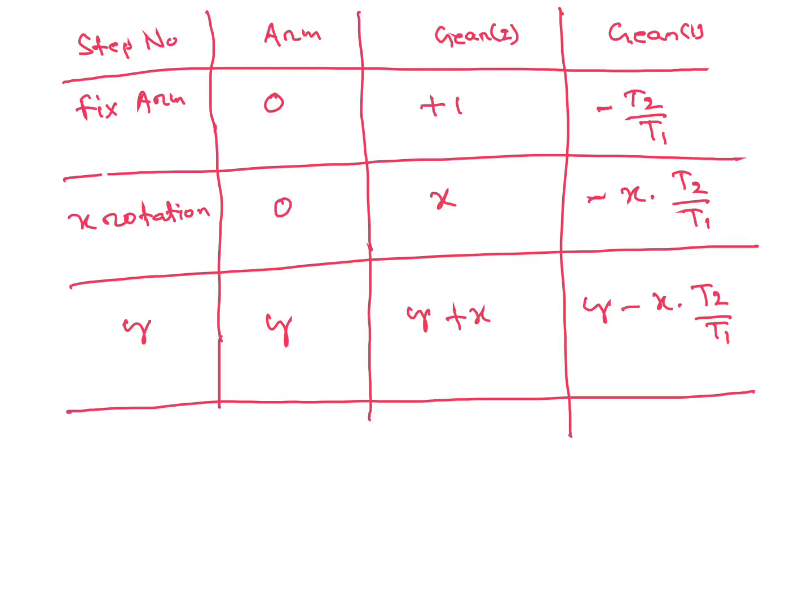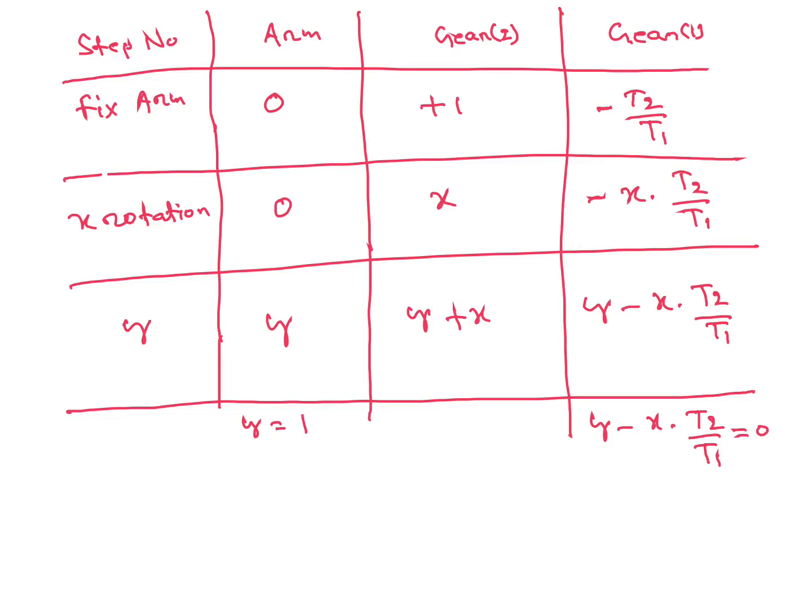Then we will go for the data in this question. In this question, gear 1, the bigger one, is a fixed gear, so this quantity Y minus X into T2 by T1 equal to 0, because gear 1 is fixed and arm revolution is 1 revolution, so Y equal to 1.